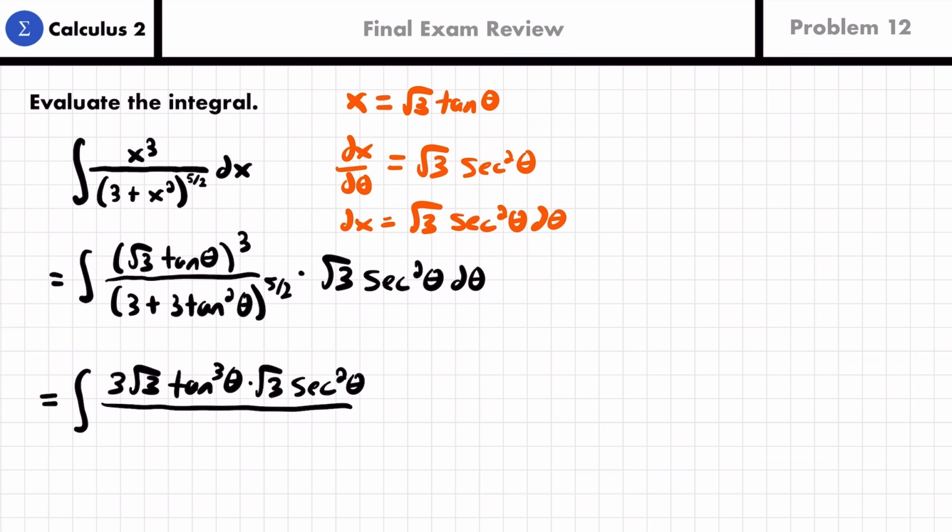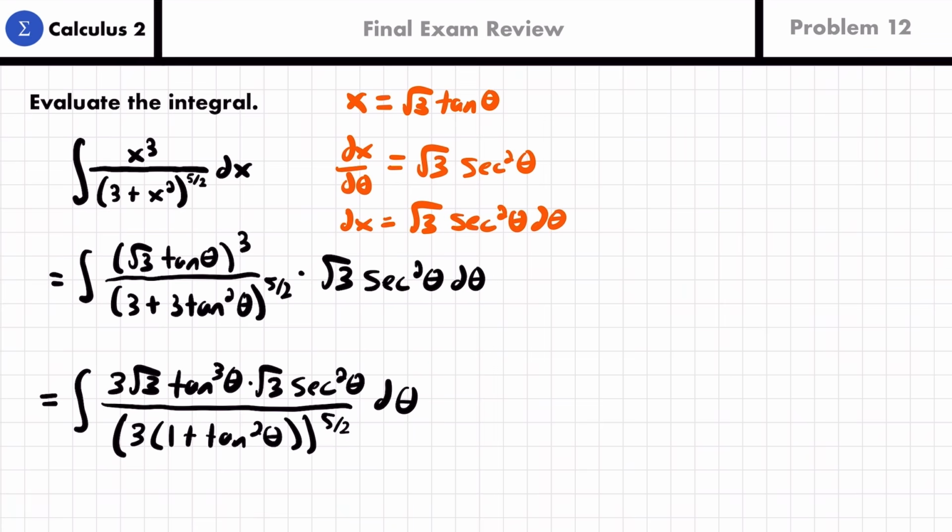And so we will do that, but first we want to pull out that common factor of 3 from these two terms. And then we will see the trigonometric expression that can be replaced using a trig identity, specifically a Pythagorean identity. All right, so if we pull out that 3, we'll have 3 times 1 plus tangent squared theta, and that whole quantity is to the 5/2 power, and then don't forget about d theta.